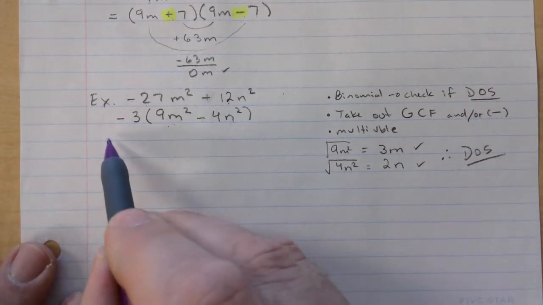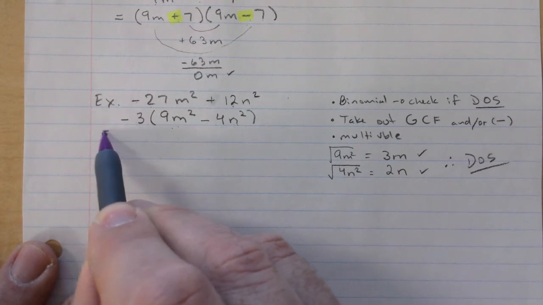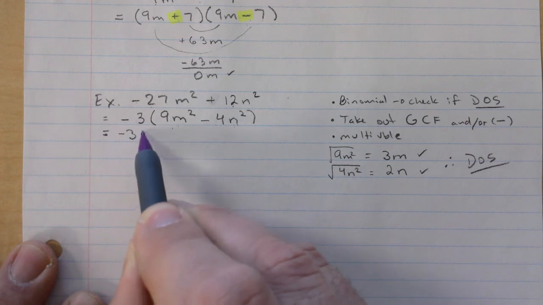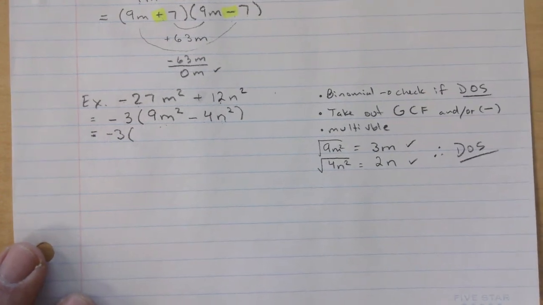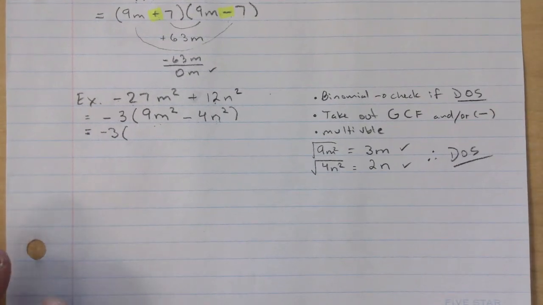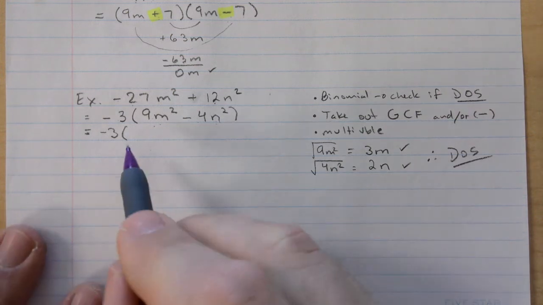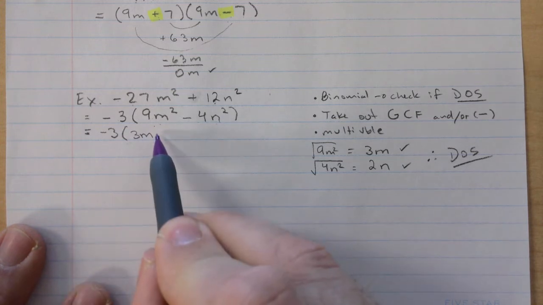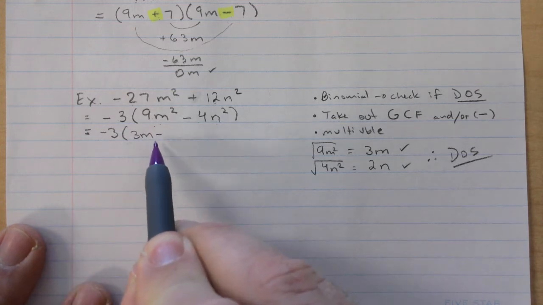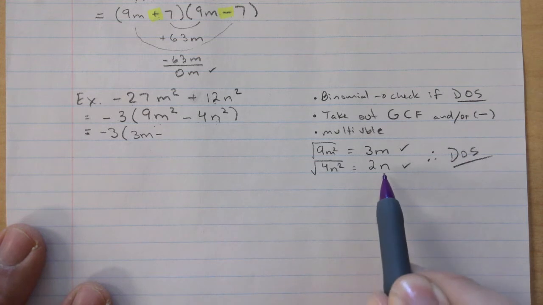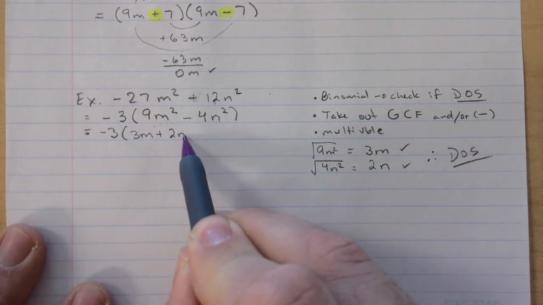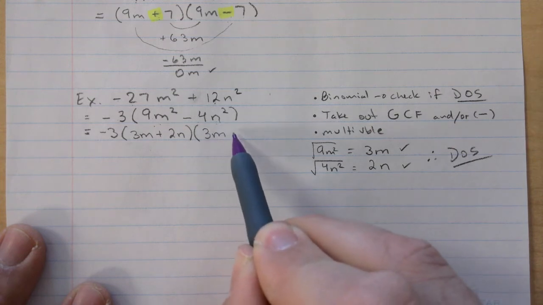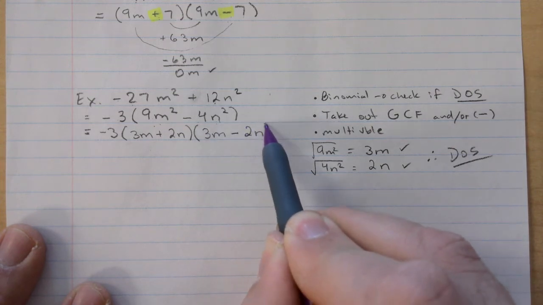So then you come over here and you still have the, sorry, I should have an equal sign. Negative 3 never went anywhere, right? Promise to yourself, I will never forget about the negative in front of the bracket, okay? This is 3m. It's just like at home, I'm the only one laughing at my jokes. That's okay. 3m plus 2n, and then 3m minus 2n.